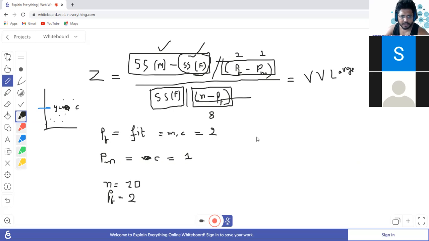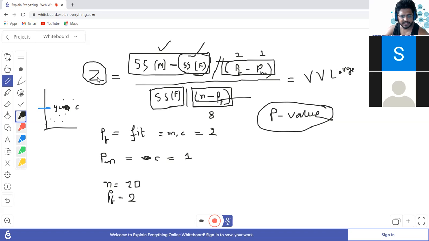The value of Z is actually used to calculate another value called the p value. This is the more important statistics value that we want to know. Z is just an intermediate parameter. How we calculate the p value from Z, I'll tell you.